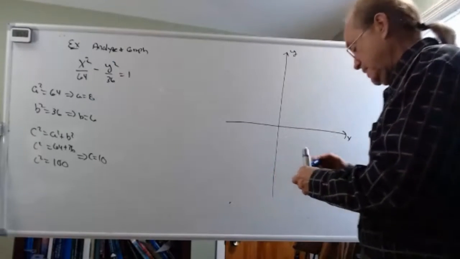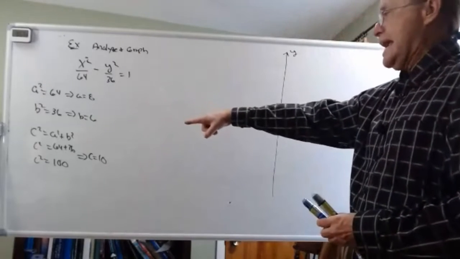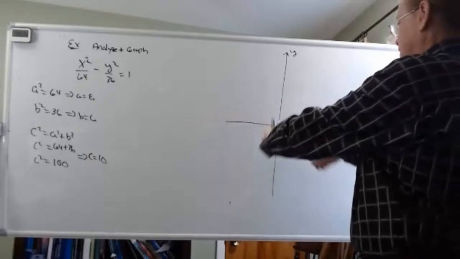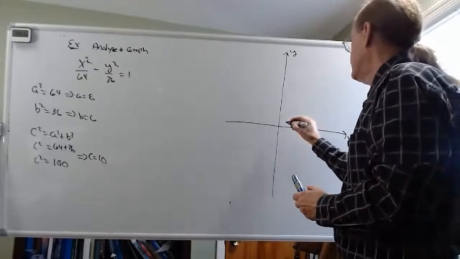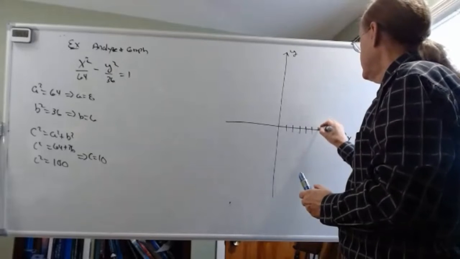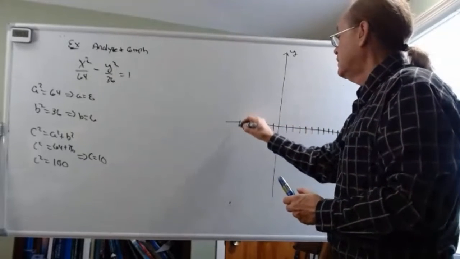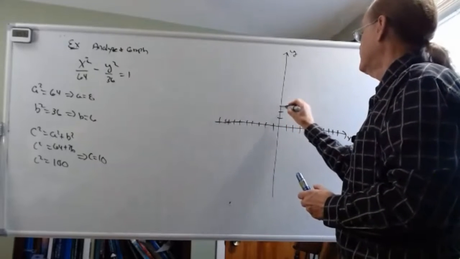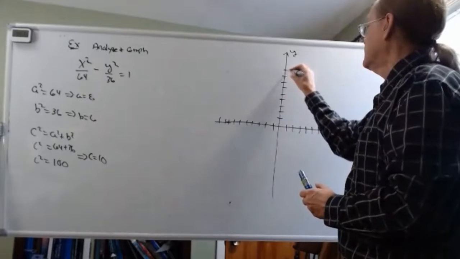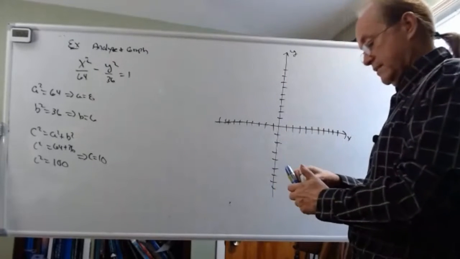So let's come over here and let's start with my a values over here. Those are my vertices. So let's go over here to 8. Okay, so let's start putting this.